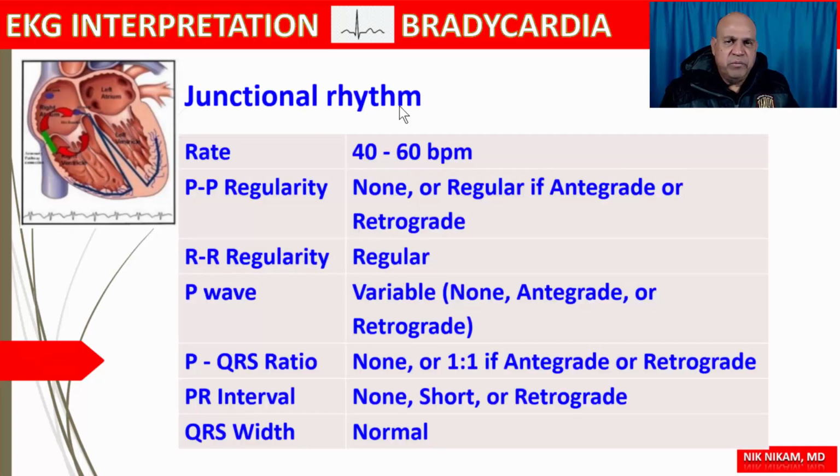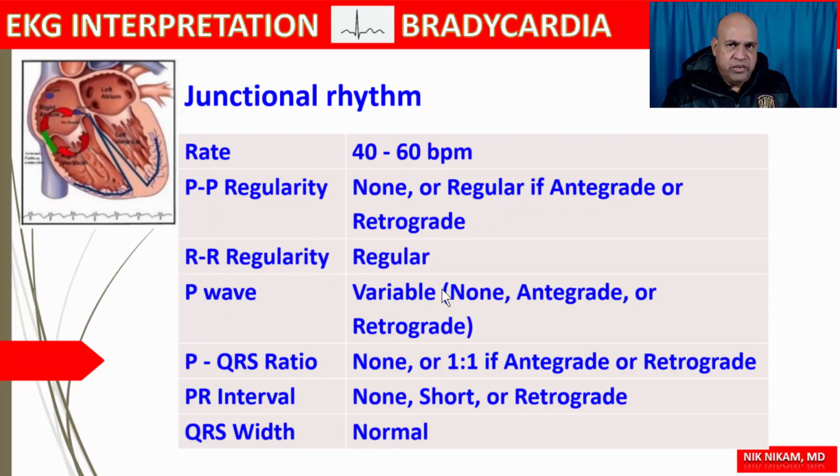In a junctional rhythm, the heart rate is between 40 to 60 beats per minute. We may or may not see the P waves, and if we do see them, usually the P waves occur after the QRS complexes, or if they appear before the QRS complexes, the PR interval will be really short. The RR intervals are regular.